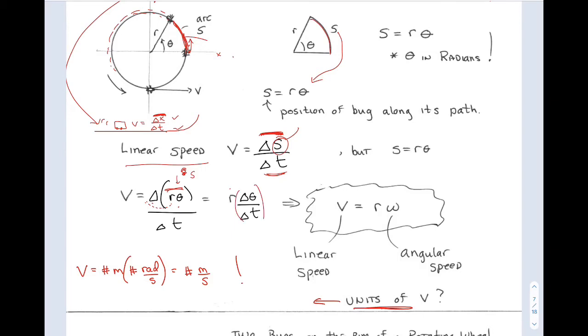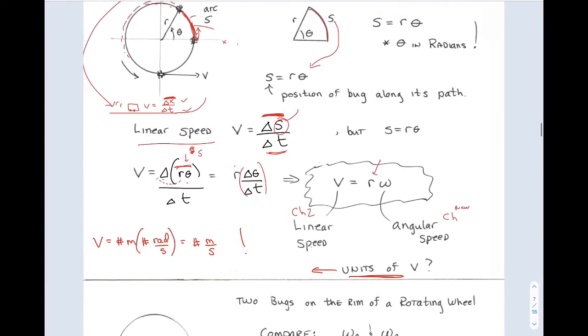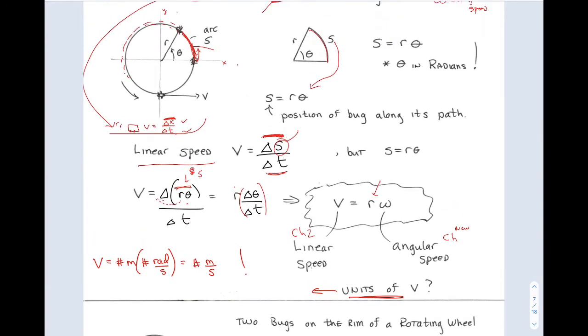And that quantity there, that's what we did on the previous page, that's your angular velocity. So the old stuff in chapter 2 is related to the new stuff in our new chapter via the radius. The linear speed of the bug as it moves around depends on the radius and the rotation speed, the angular speed.